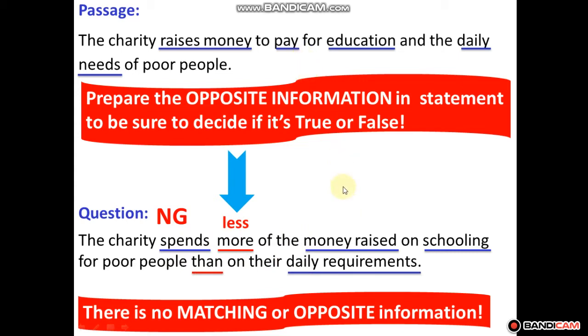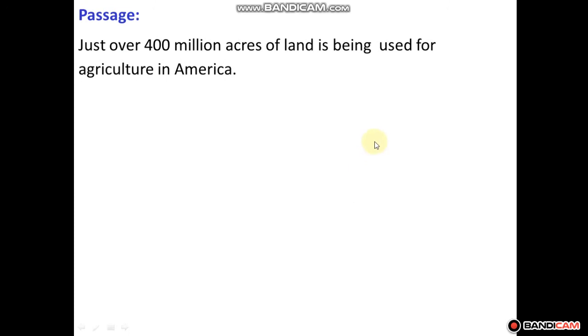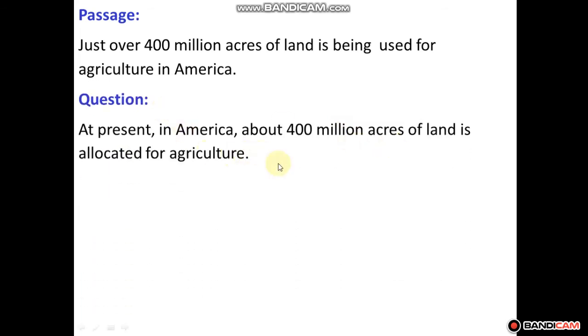All right, fine. Now, passage. We have another example. Just over 400 million acres of land is being used for agriculture in America. Fine. That's in the passage. And the question is, at present in America, about 400 million acres of land is allocated for agriculture.